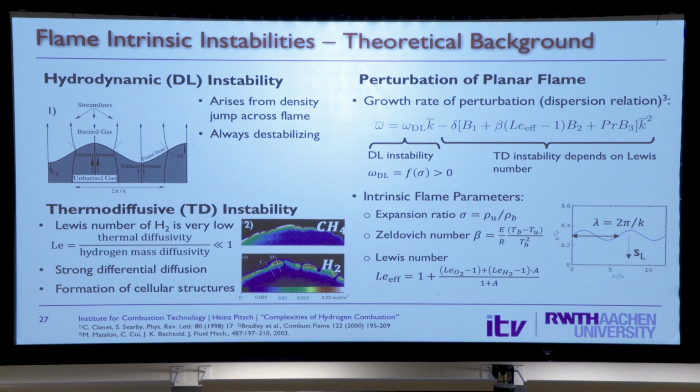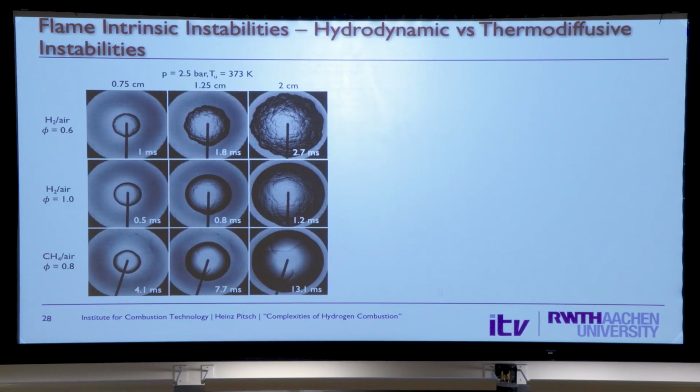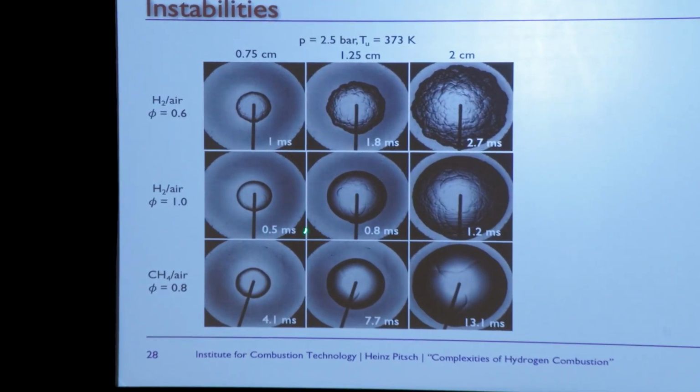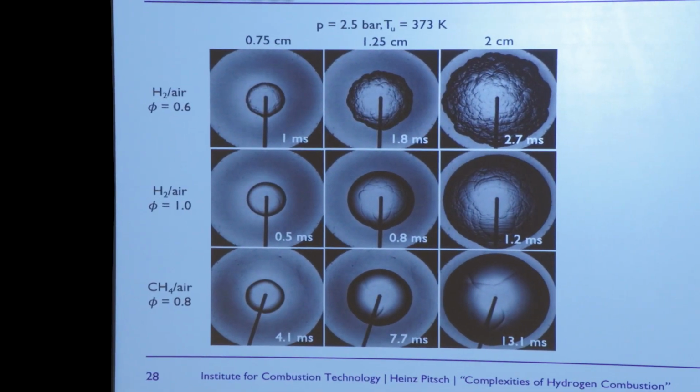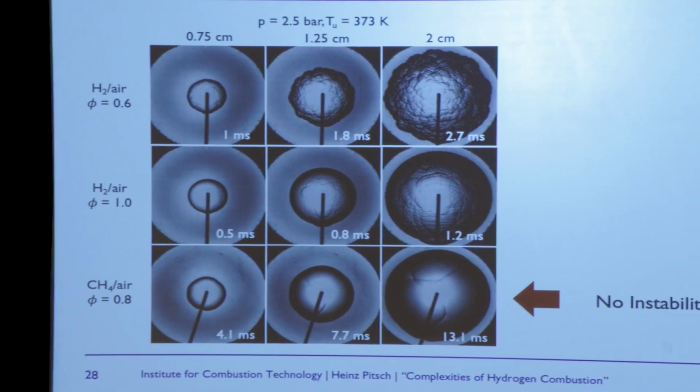It doesn't consider multi-step chemistry, but it turns out that for this phenomenon, maybe it's not such a bad assumption. The details of the flame structure don't seem to matter all that much. This then shows experiments here for methane, hydrogen, stoichiometric hydrogen, and lean hydrogen. Just to show you these differences, methane has no instability.